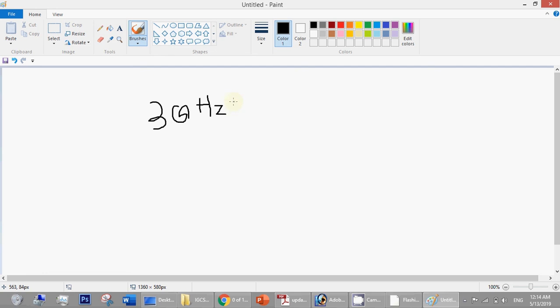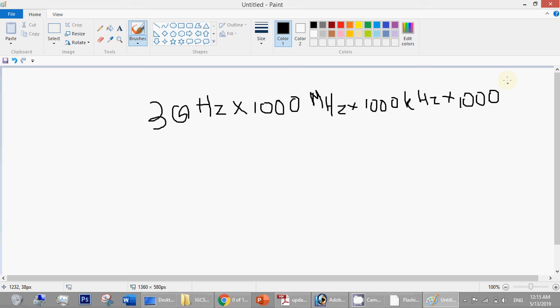So 3 gigahertz converted into megahertz by multiplying by 1000, multiply by another 1000, you get kilohertz, multiplied by another 1000, you get hertz.